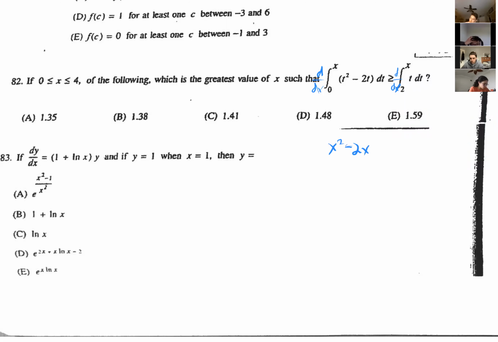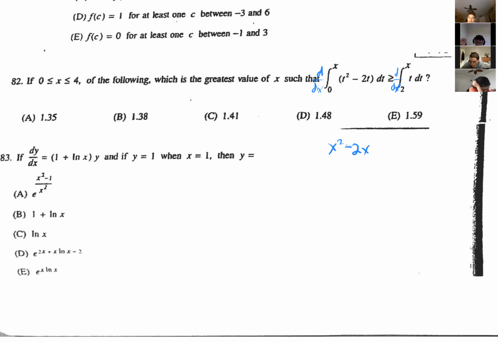If you have a constant on the bottom, you'll end up having to take the derivative of the constant, and it does not affect your derivative. So I'm going to say x squared minus 2x. Okay, so that needs to be greater than or equal to x.